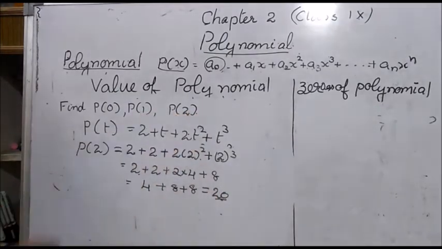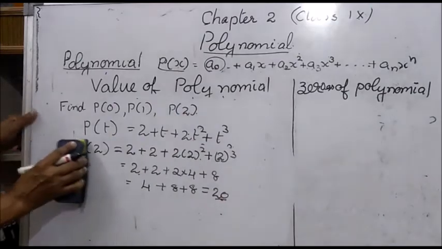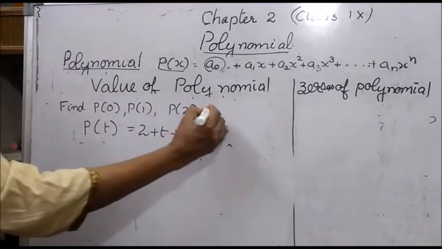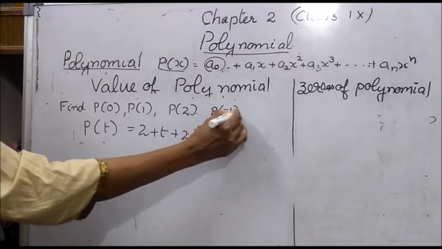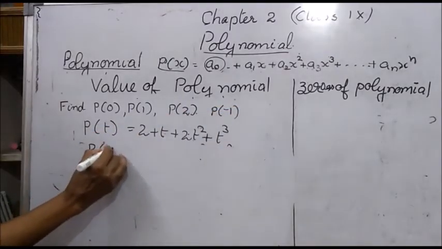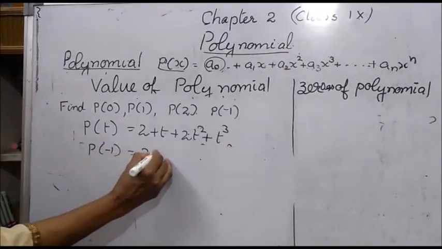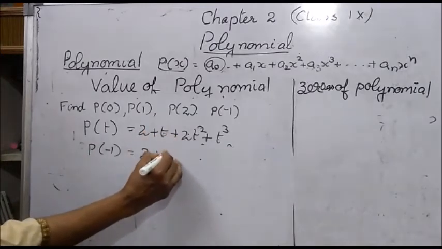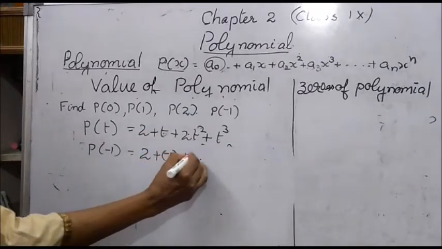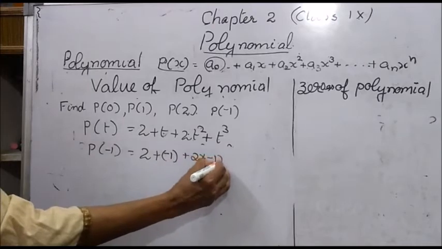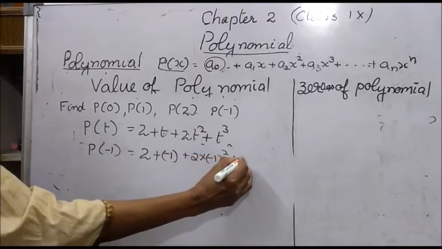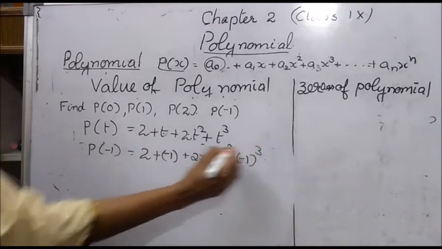Again we will also find P of minus 1. P of minus 1 equal to 2 plus, in place of t we will put minus 1, plus 2 into minus 1 square plus minus 1 cube.